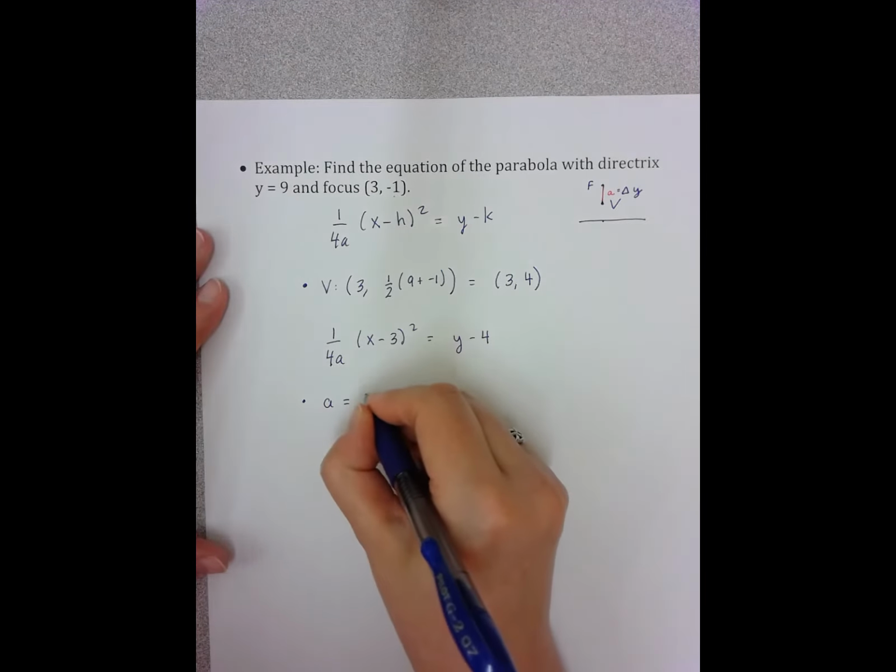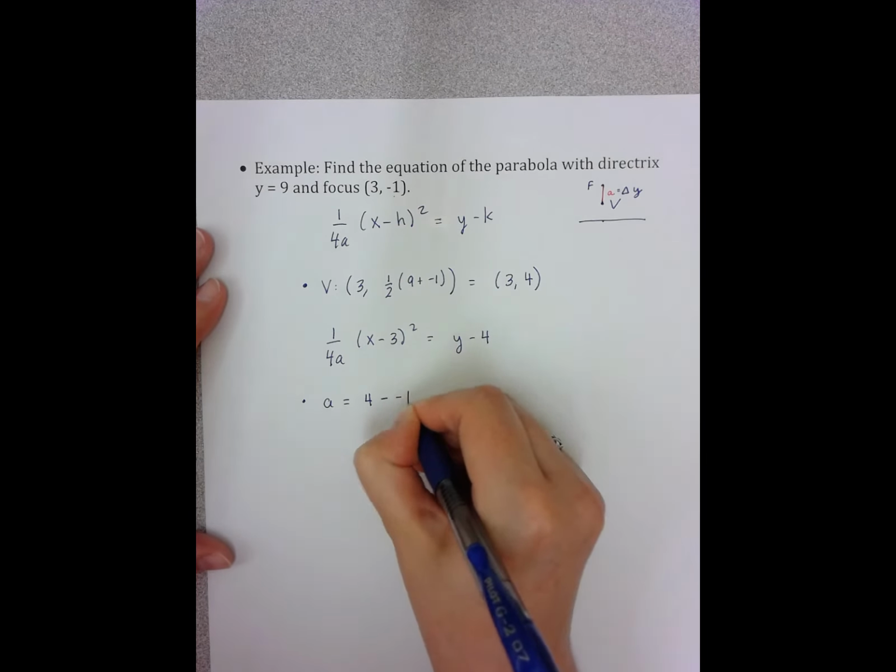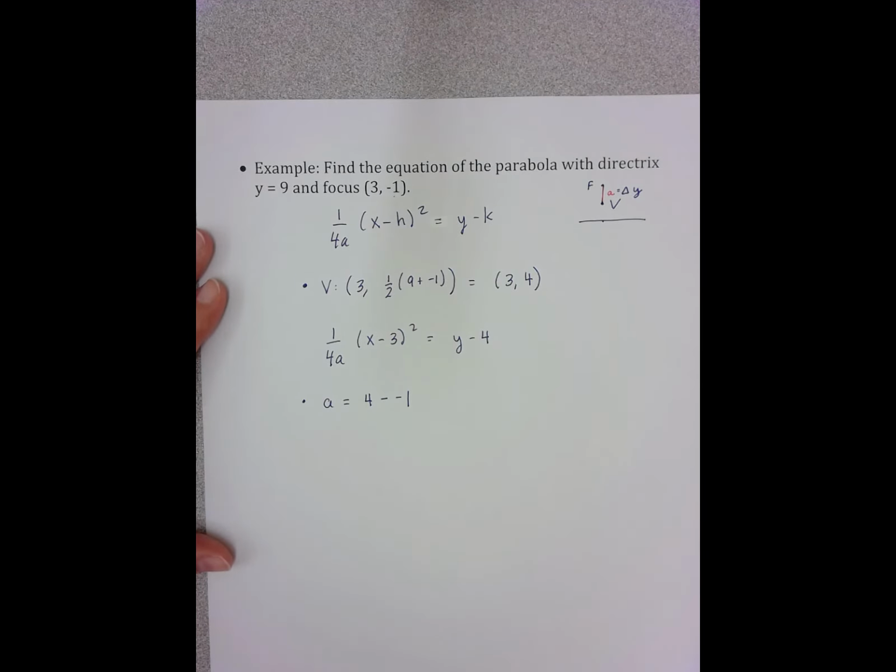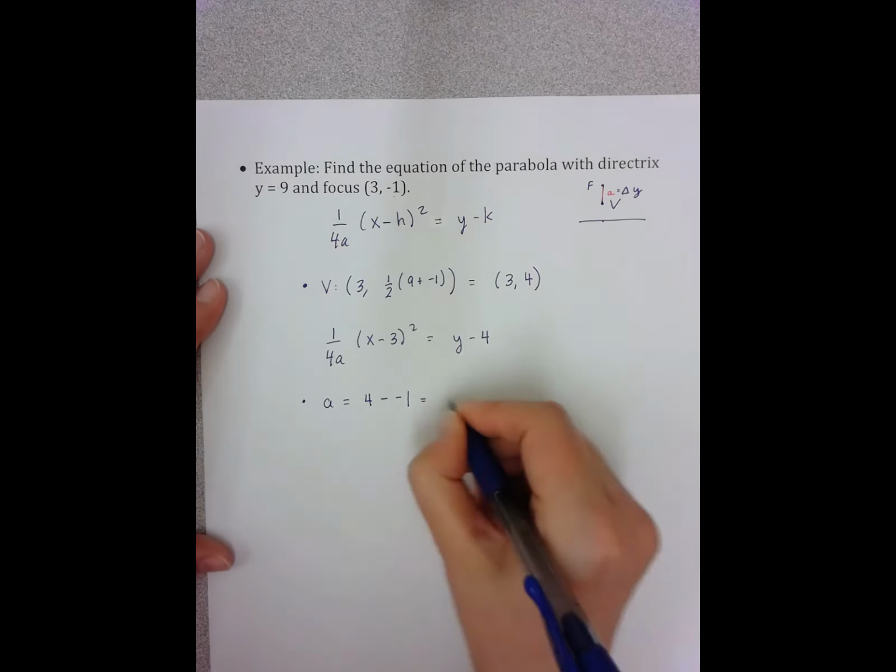So my change is 4 minus -1, which equals 5.